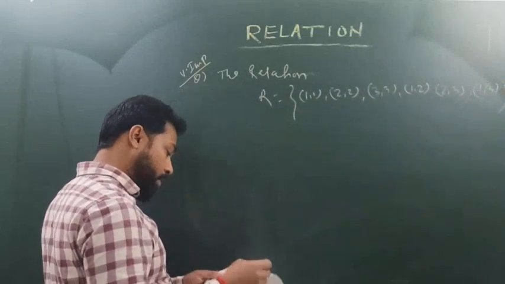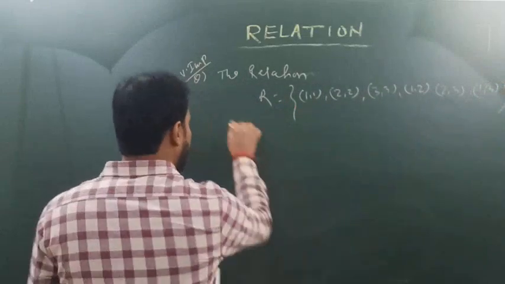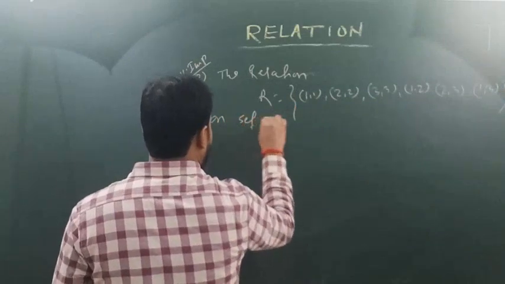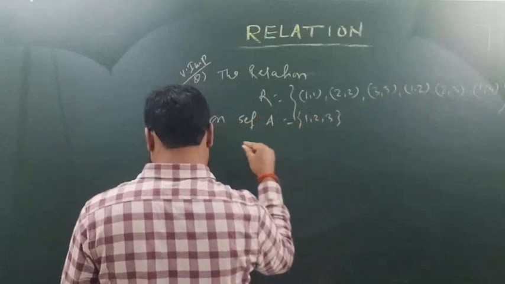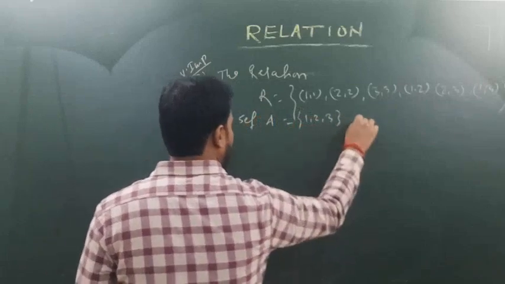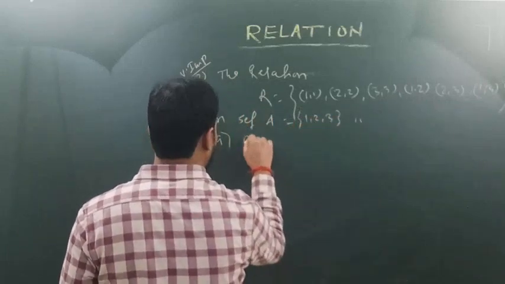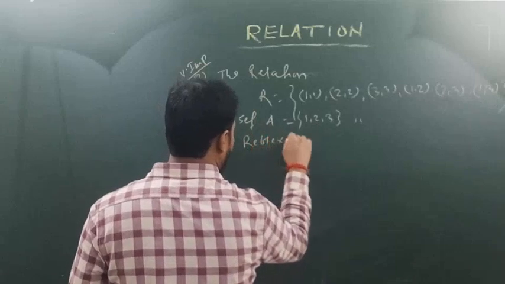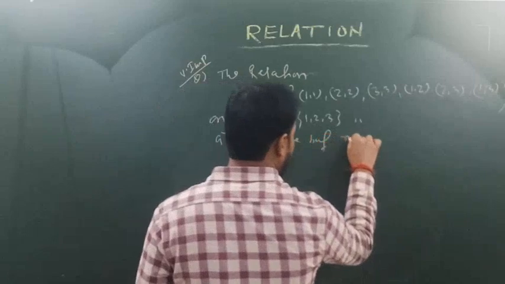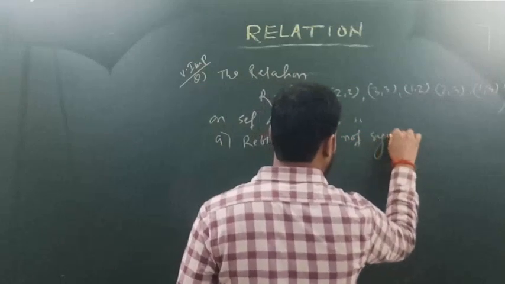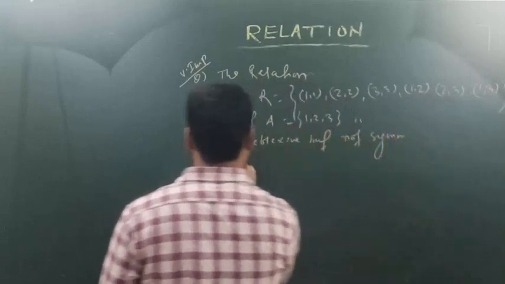So what we have to find out, on set A, which is {1, 2, 3}, is option A: reflexive but not symmetric.